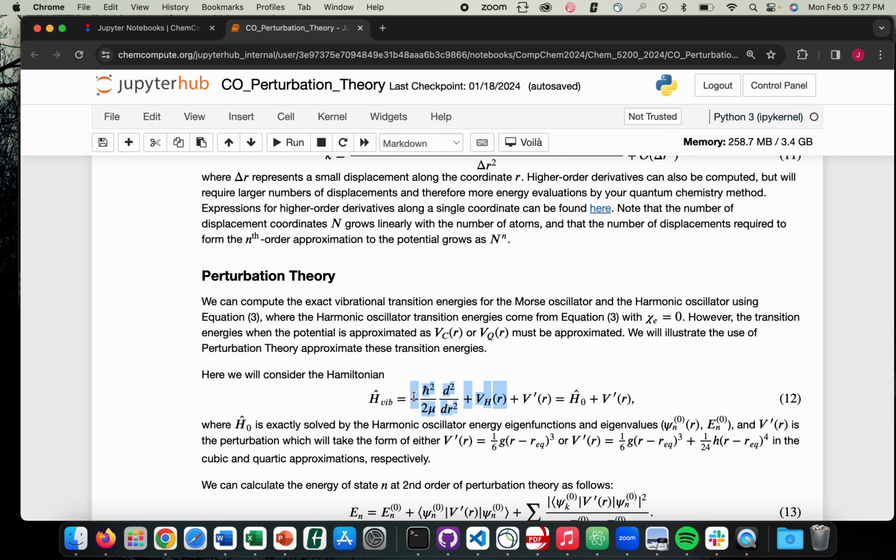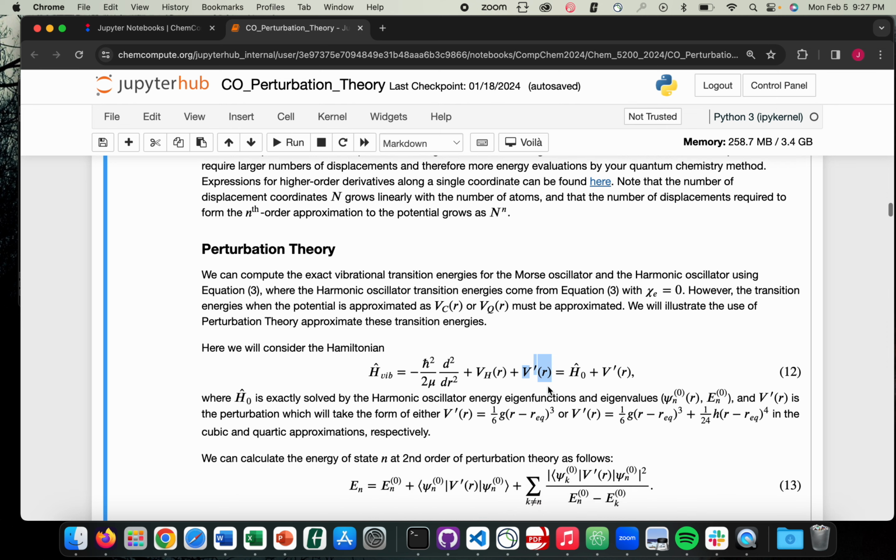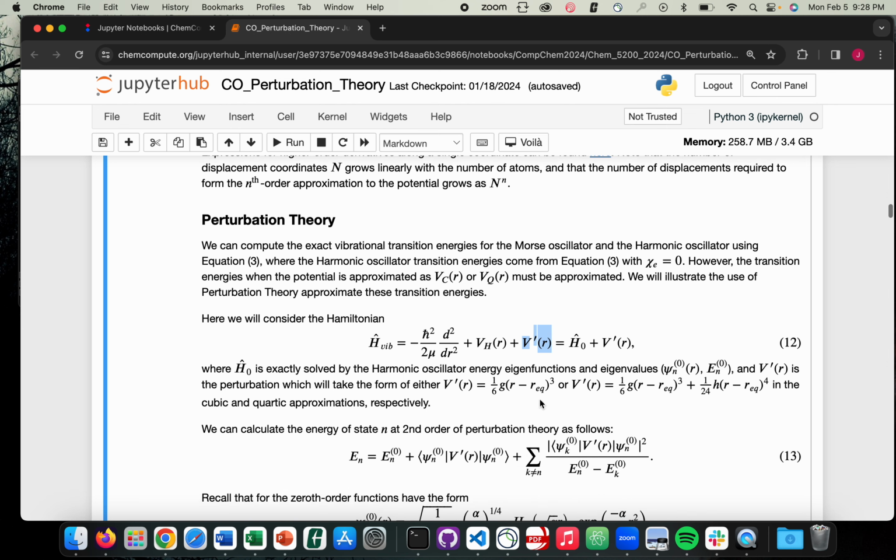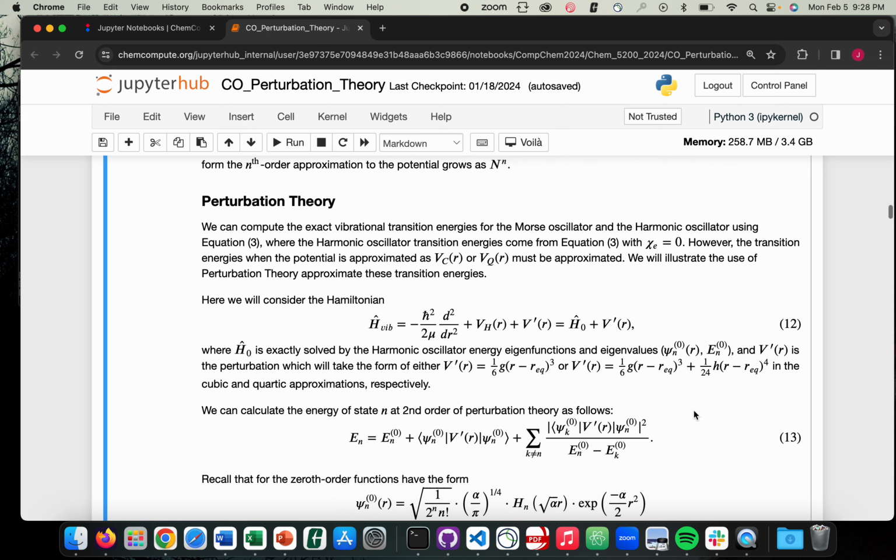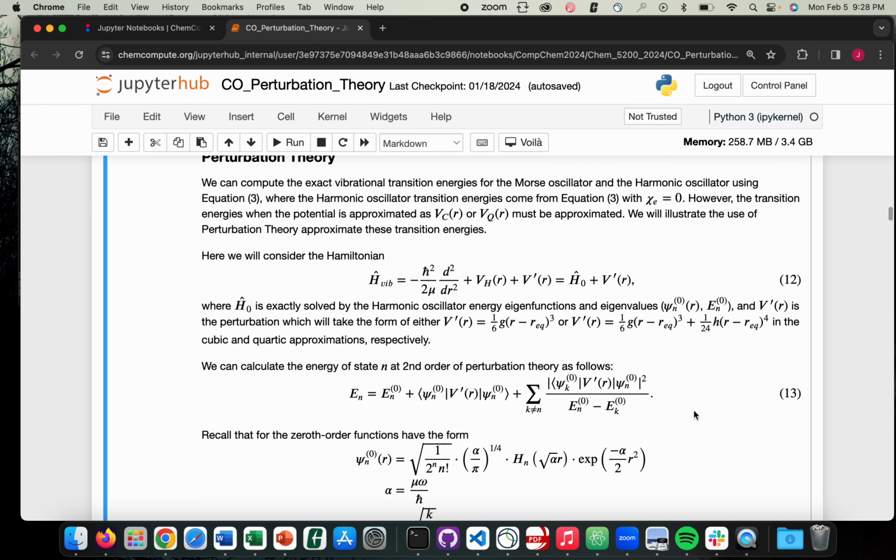So I'll call that my 0th order Hamiltonian. And then I just have to find ways to correct my solutions subject to this perturbation, where the perturbation could be, for example, just the cubic term, or it could be the cubic plus the quartic term. And in fact, we're going to look at both of these cases as time goes on through this notebook.